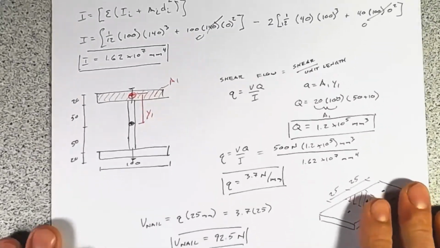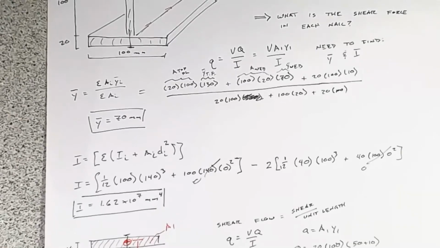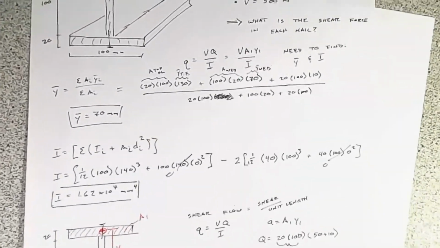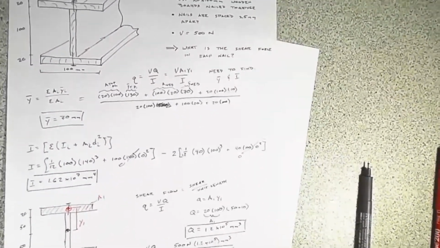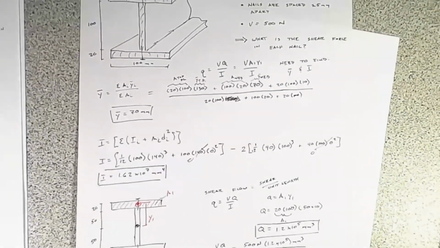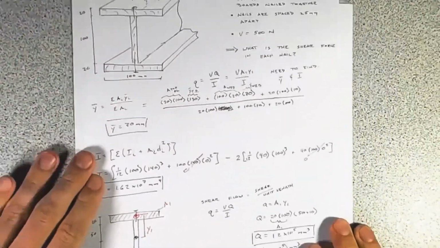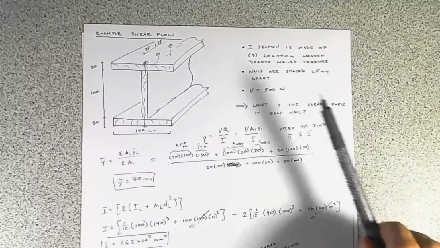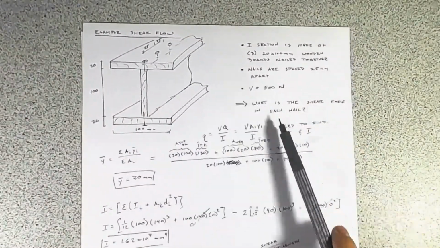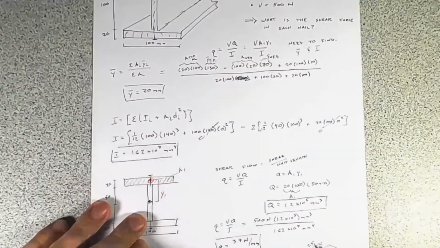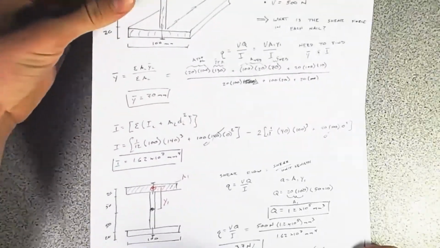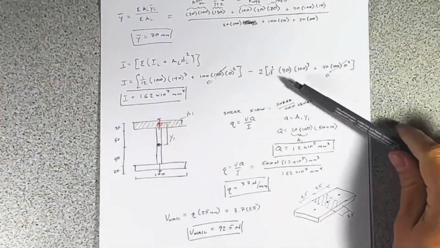So that's it. That's all that we have. So we'll maybe zoom out there for you so you can kind of see the whole thing. Yeah, so in order to find what shear is going into each of these for 500 newtons coming in, it's really only a few little calculations here.